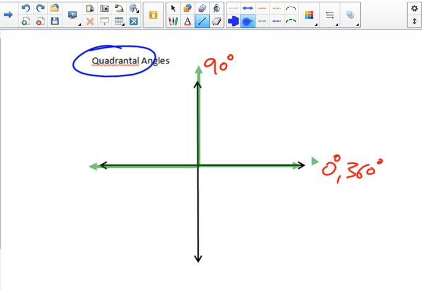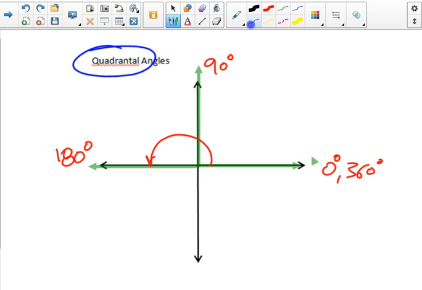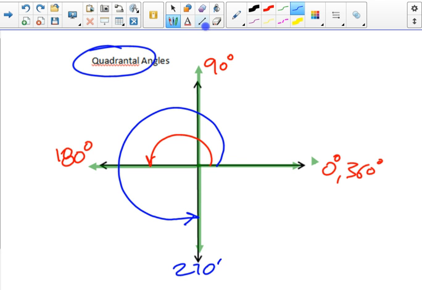This would be 180, from here to here. And the bottom, negative y-axis, is going to be 270 degrees. Think of it as multiples of 9: 9, 18, 27. So from here all the way around to here is 270 degrees.